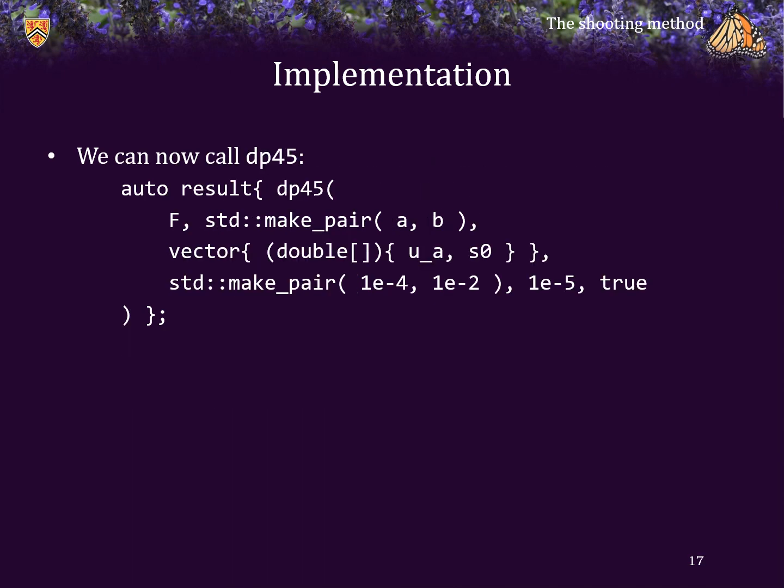Now we can call dp45. Again, the system of first-order initial value problems is defined by the function capital F, which we just described previously. The interval over which we are approximating is from A to B, and the initial conditions are the vector with the value u sub a and our initially calculated slope.